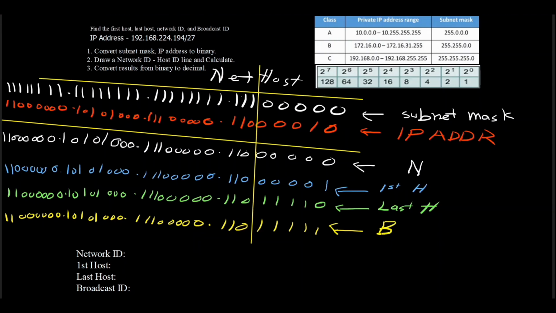Okay, so I think this should be it. Now the last step is to convert these binary digits back to decimal. Starting with the network ID, as we said before, the left side of the line is the network portion, and it should be exactly the same.